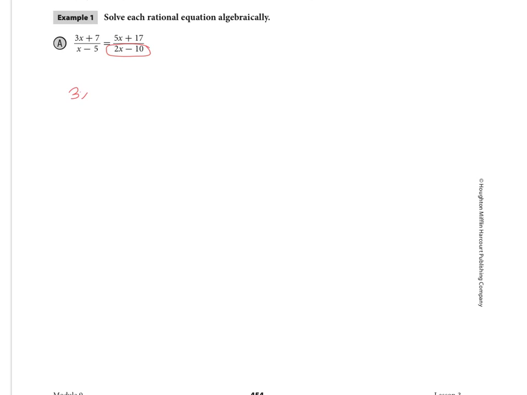So I've got 3x plus 7 over x minus 5 equals, and then 5x plus 17 is the same. I can take a 2 out here, which is going to leave me with x minus 5 if I divide that. You could go ahead and put all the rest of these in parentheses if that makes it easier for you. I think you're going to like the way that looks a little bit better. All right, so that was my first step, to factor.